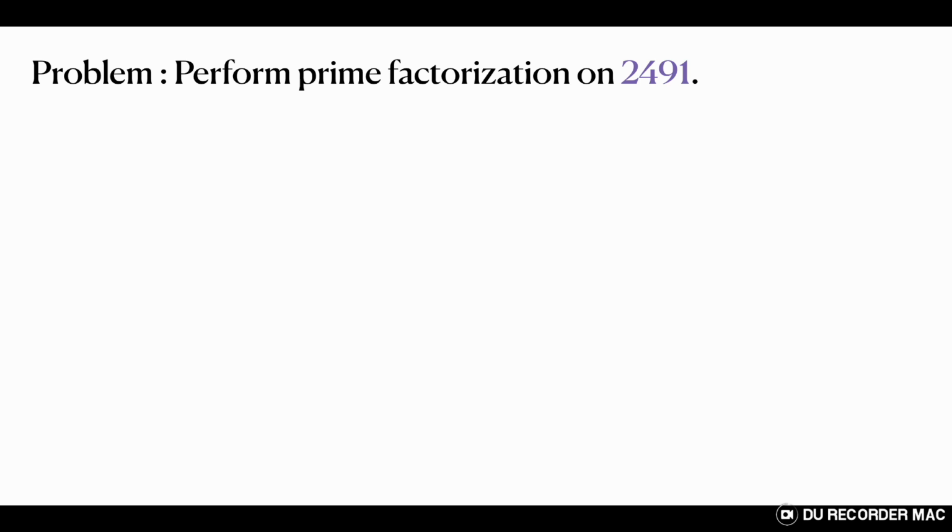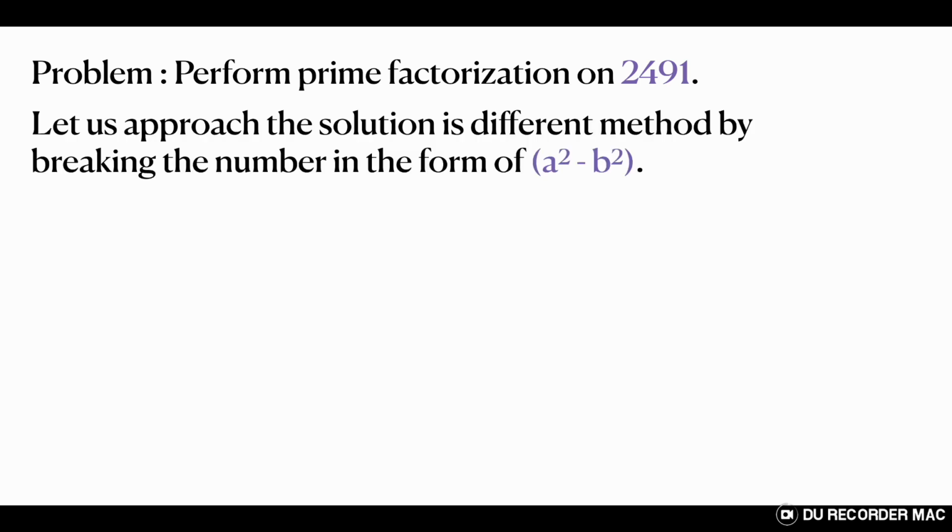But here one interesting thing we can note is, let us approach the solution in a different method by breaking the number into a form of a square minus b square. How this can be done, let's see. So 2491 can be written in the form 2500 minus 9, which can then be converted into 50 square minus 3 square.